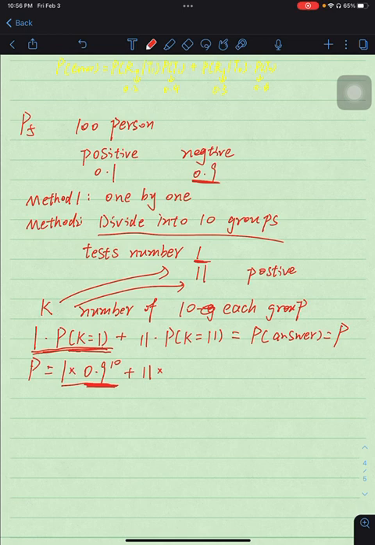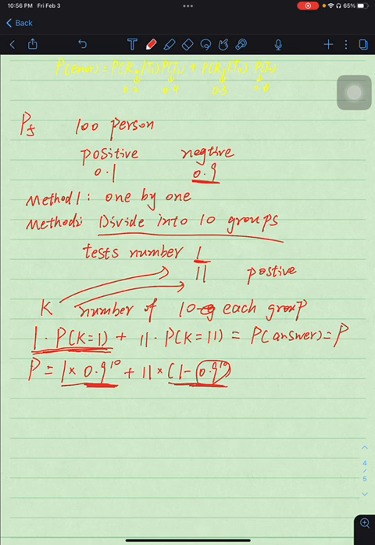That means at least one of the people is positive, that means not all 10 people are negative. Why do we use one minus this? Because maybe one or two or three or four or five or six or seven or nine or 10 get a positive test.